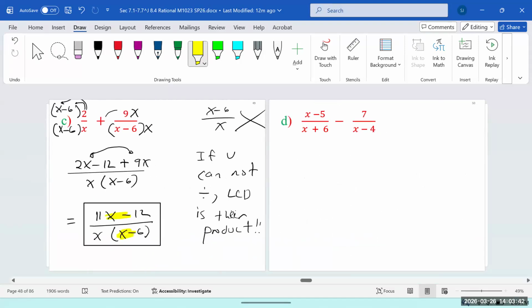And now this is the actual exam question you're going to see. Same concept, but this time we are actually subtracting. So be very careful when you subtract. First, you have to decide what is the LCD.